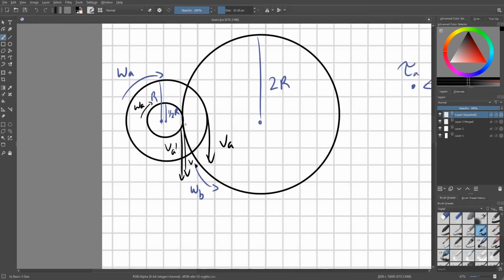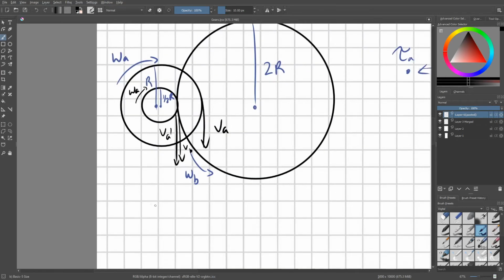And so we're going to solve for VA prime and VA at first to see what the effect of this is. This is very easy. VA is just omega A times R. VA prime is omega A times 1/2 R. Right, and we see that when we just shrunk that radius, we were effectively scaling the linear speed down.